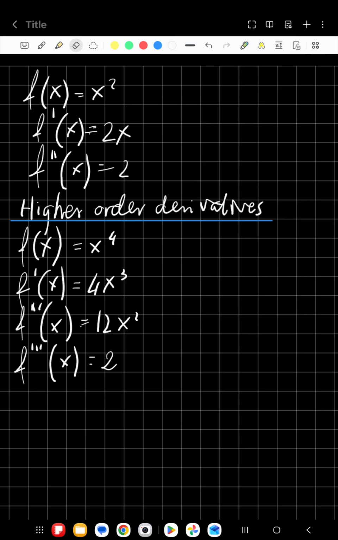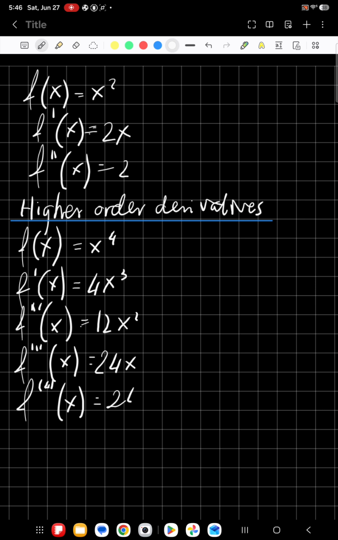Okay, so 24x. And then after that we have the double prime, then triple prime. And then when we take the fourth derivative, I write 4 in parentheses of x. It's going to be 24.